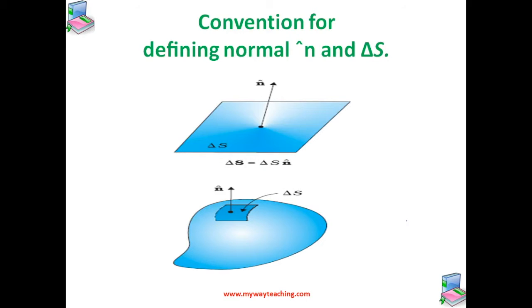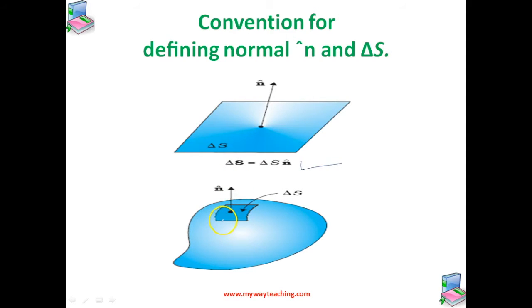You can see the convention for defining the normal vector and delta S. The area element vector delta S at a point on a closed surface equals delta S times n cap, where delta S is the magnitude of the area element and n cap is a unit vector in the direction of the outward normal at that point.